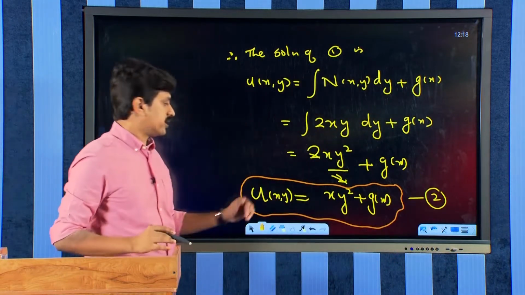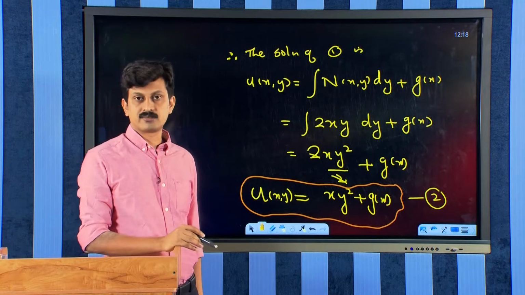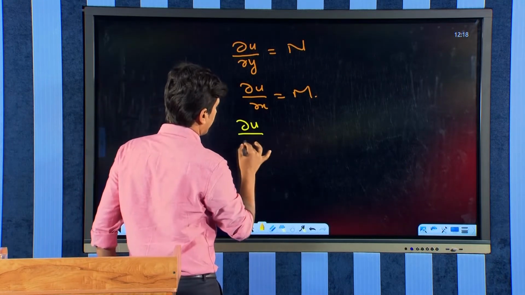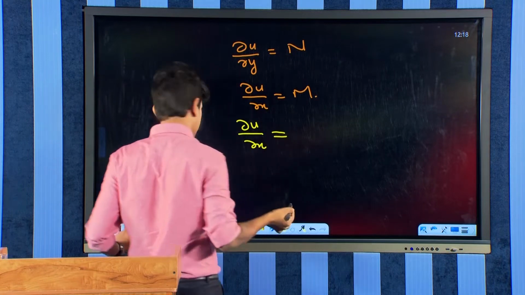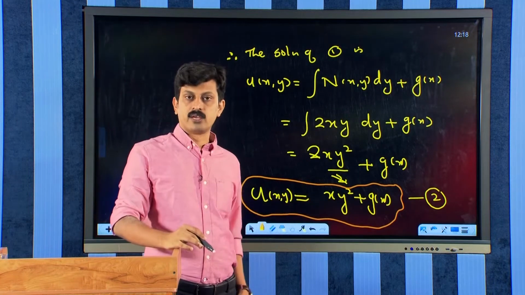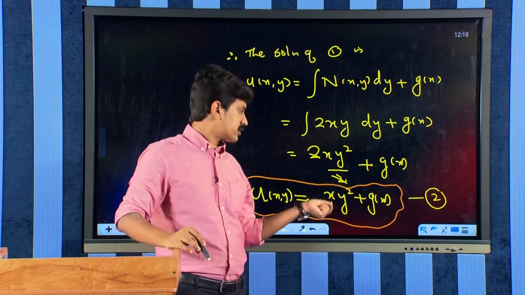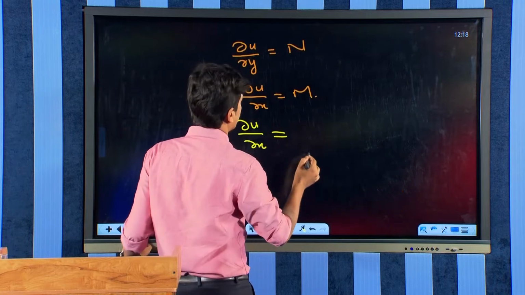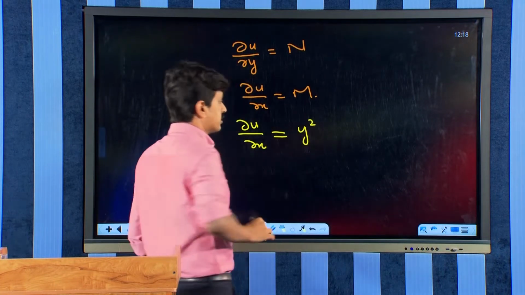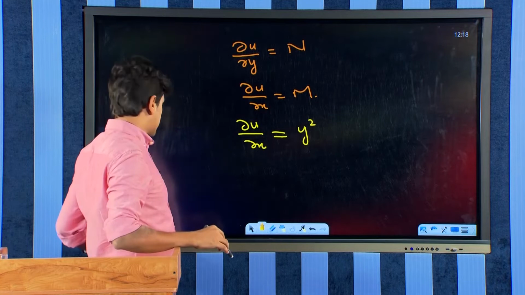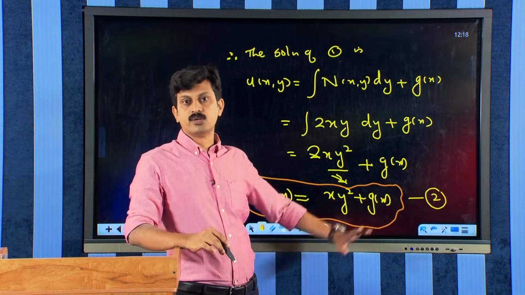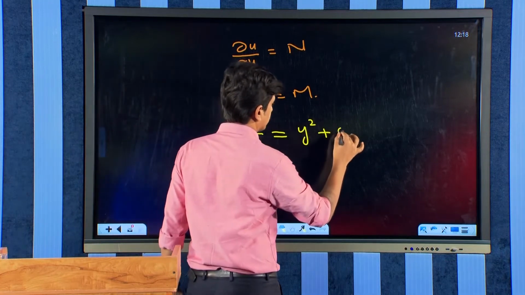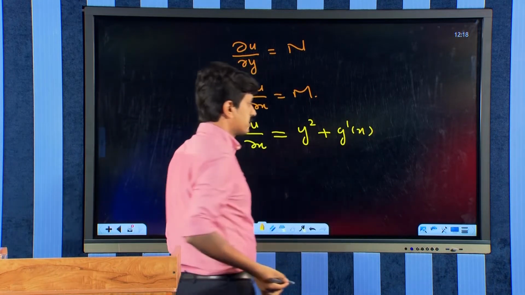We partially differentiate u with respect to x. So ∂u/∂x: here we have xy², and partially differentiating xy² with respect to x gives y², plus the derivative of g of x, that is g dash of x.